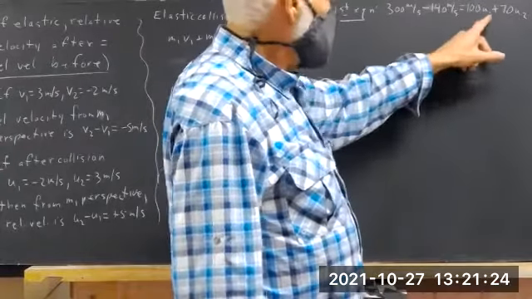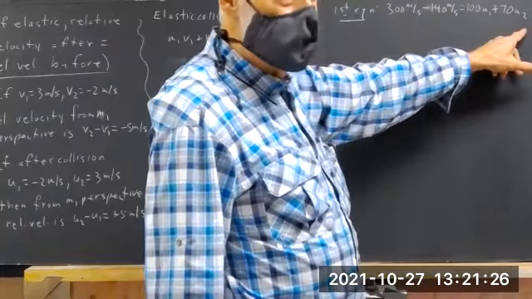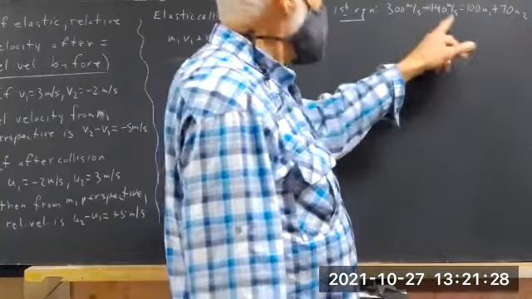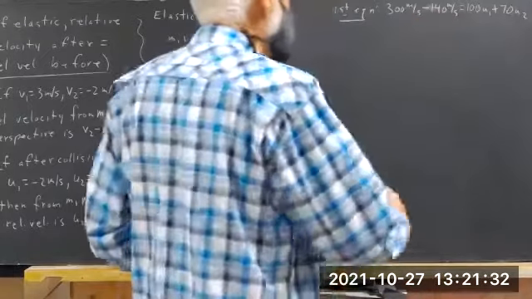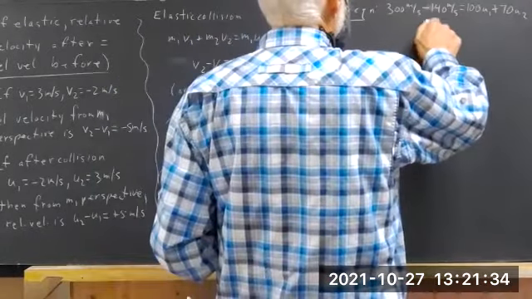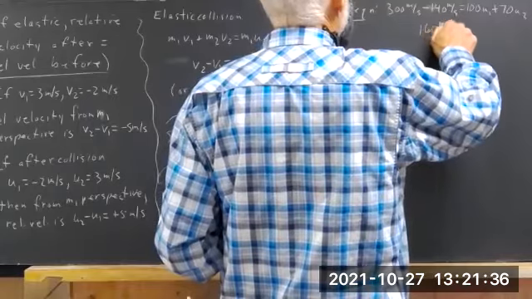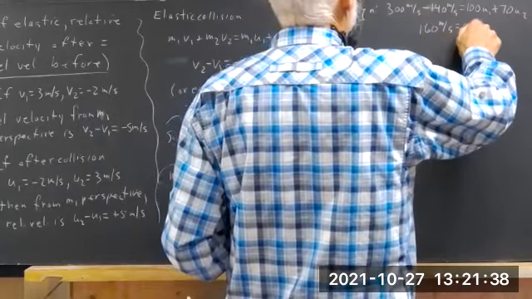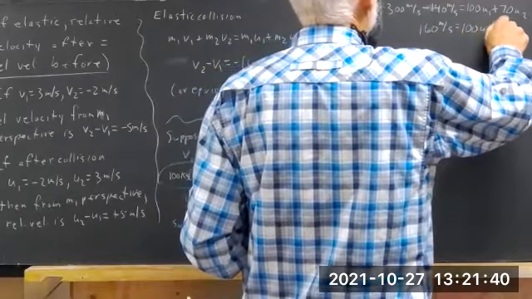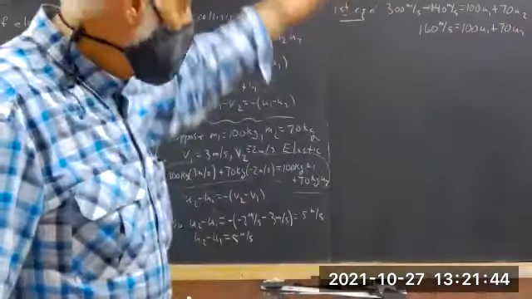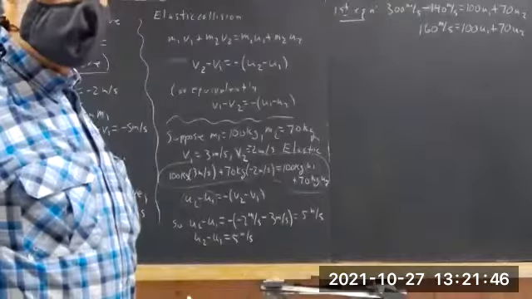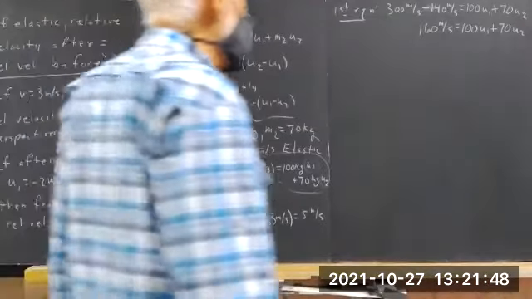So whatever my solution is for U1 and U2, they both have to be in meters per second because these are in meters per second. And of course, this becomes just 160 meters per second equals 100 U1 plus 70 U2. Easy enough.